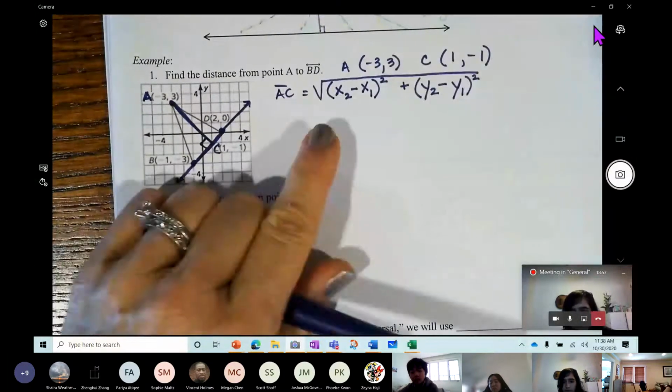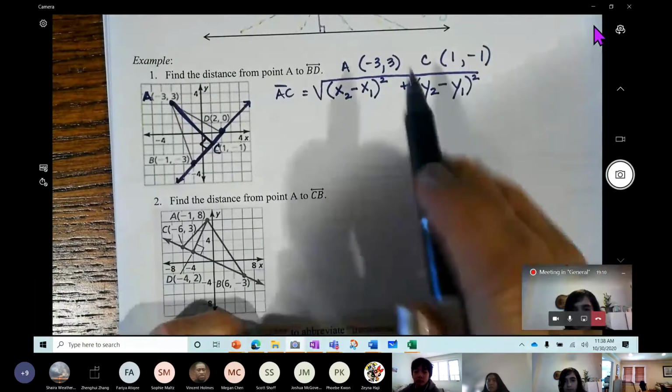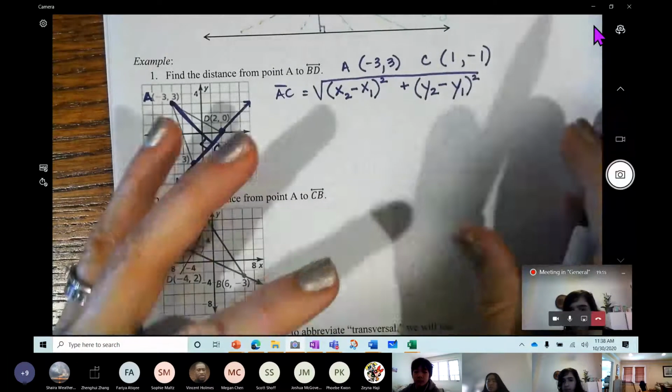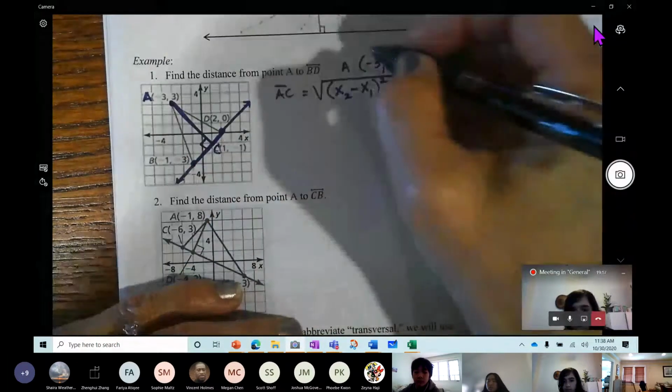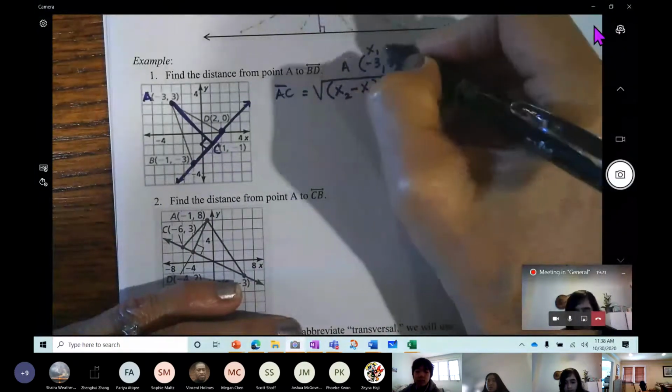So if you don't recognize this as the distance formula, it is also what you should recognize as the Pythagorean theorem. So what you do is you pick one of these to be the first one and one of these to be the second one. It doesn't matter which way you pick it, as long as you call them the right thing.